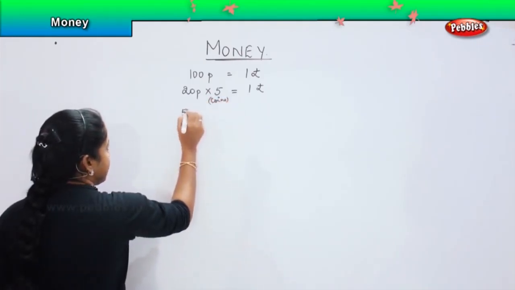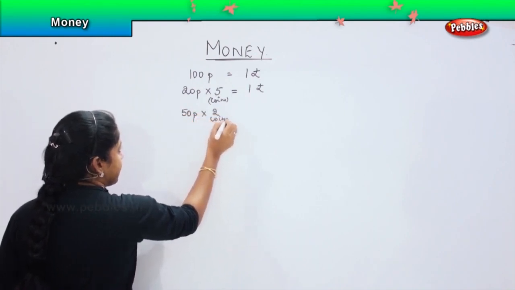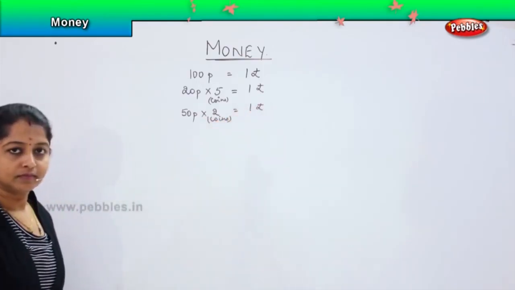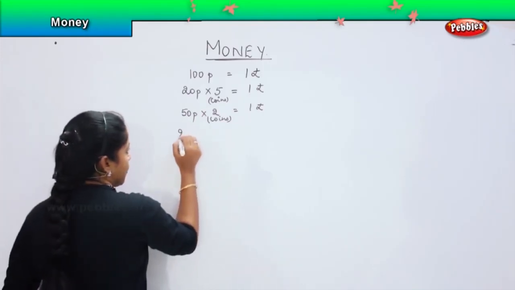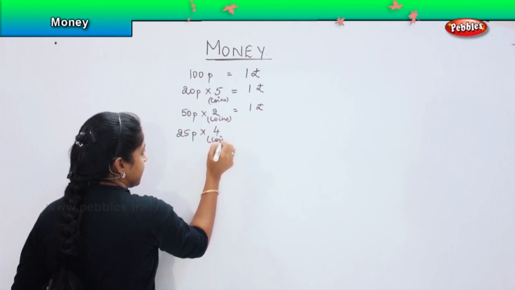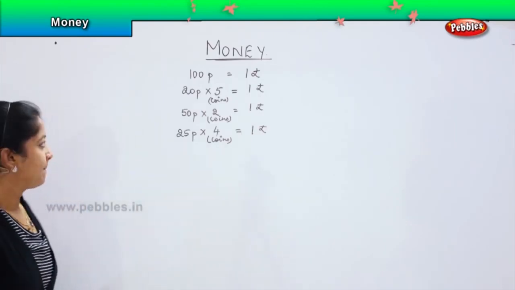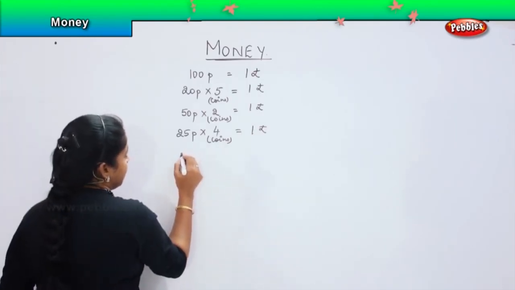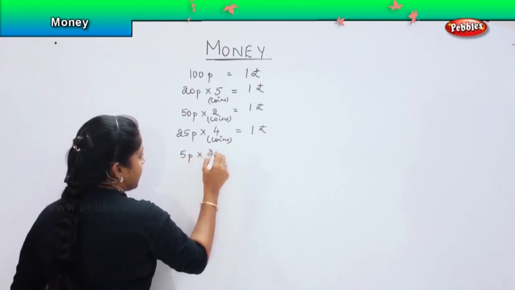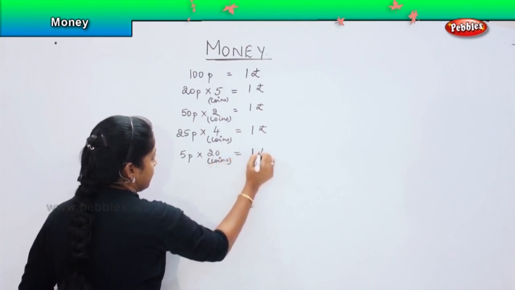Similarly, 50 paise into 2 coins make 1 rupee. Okay. Then 25 paise into 4 coins makes 1 rupee. Fine. Then 5 paise into 20 coins makes 1 rupee.